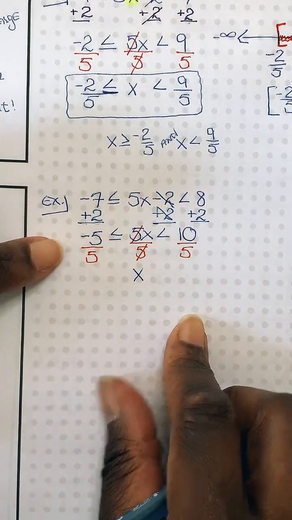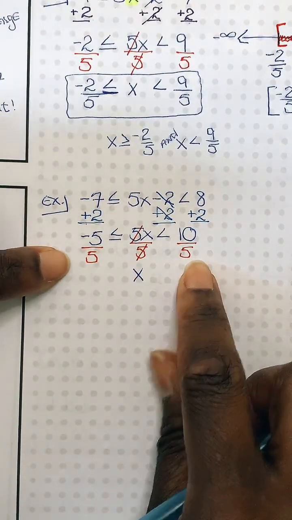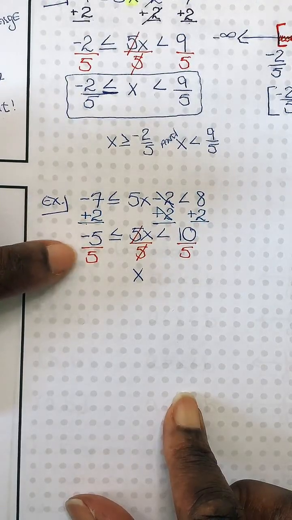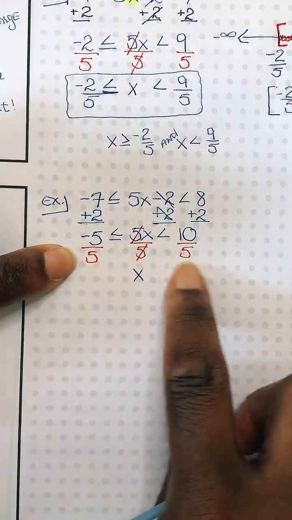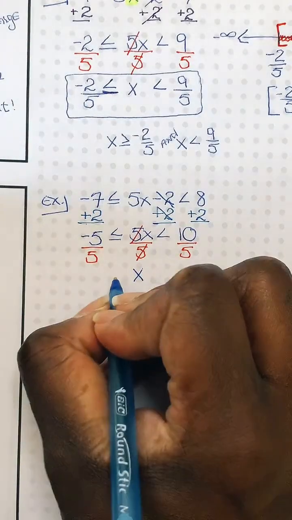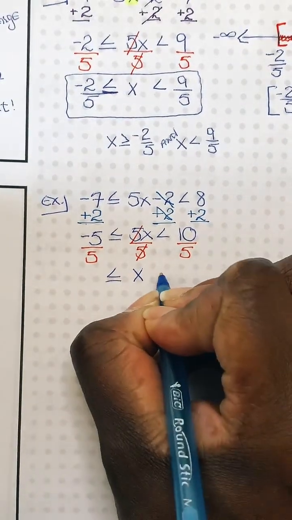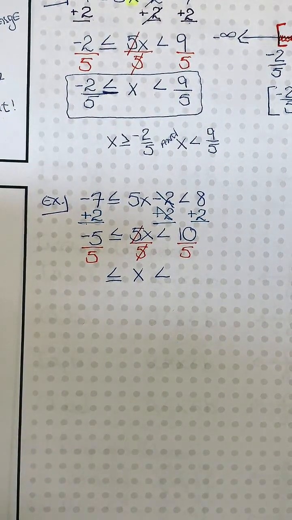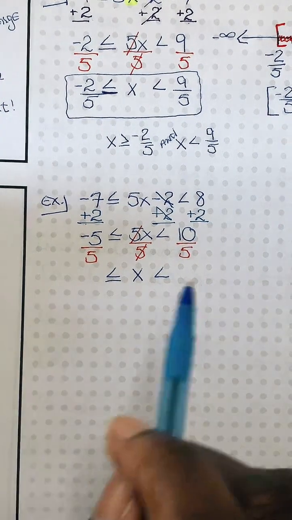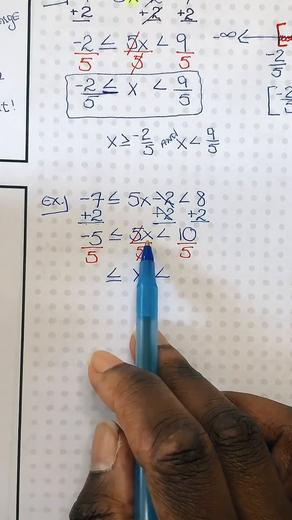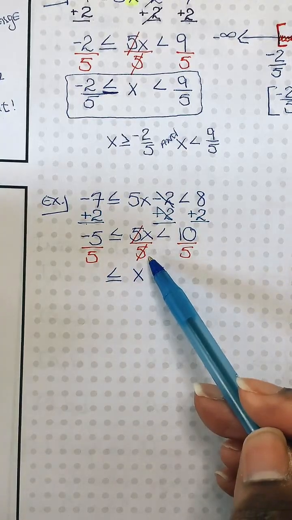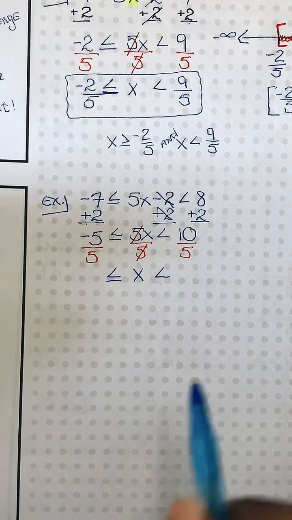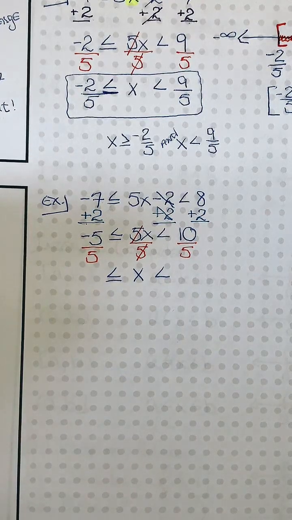Yep, so right here, it sometimes happens in the beginning, sometimes at the end. But if I notice here, I'm dividing by a +5. So my inequalities are not changing. They're staying exactly the way they are. All right. Why do we divide as opposed to add or subtract? Well, 5x is multiplication. The inverse of multiplication is division. So that's why we divide instead of add or subtract. Okay, when you're solving, you're doing PEMDAS in reverse.